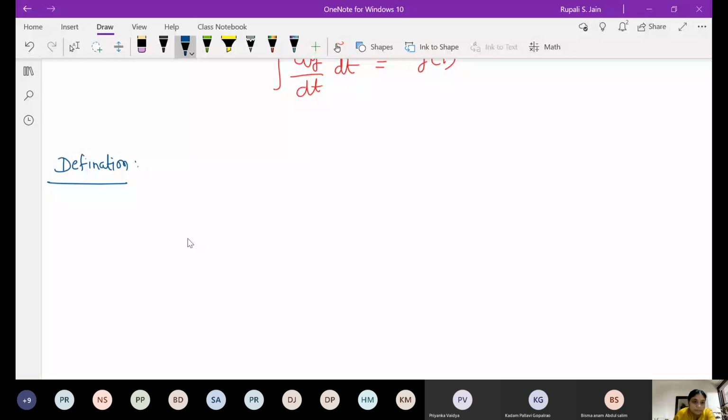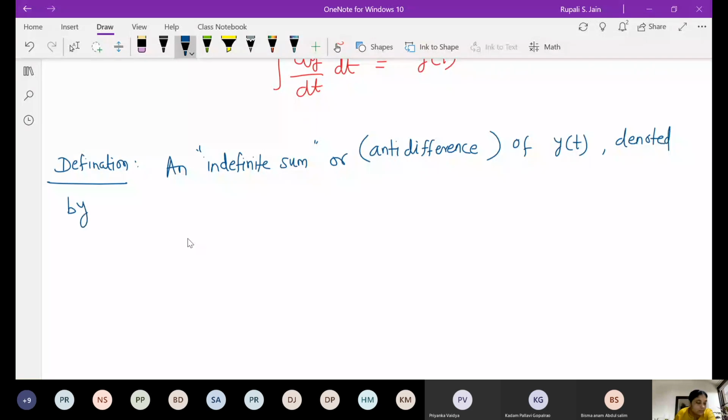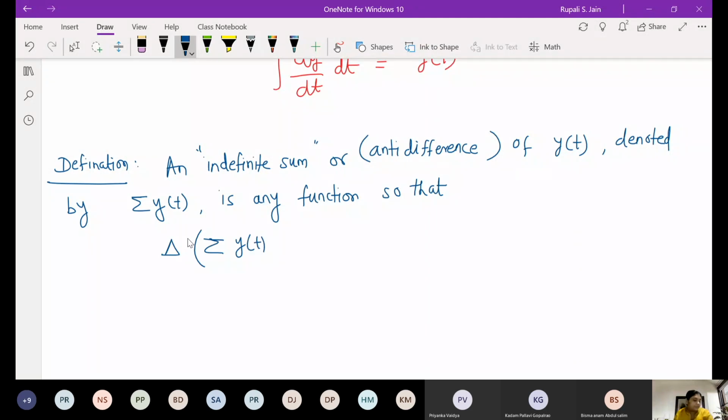An indefinite sum, or it is also called anti-difference of y of t, denoted by summation y t, is any function so that I will get delta operated on summation y t is equal to y t for all t.